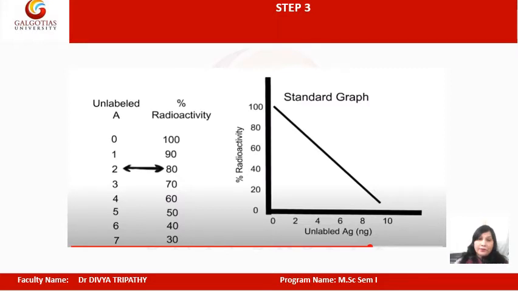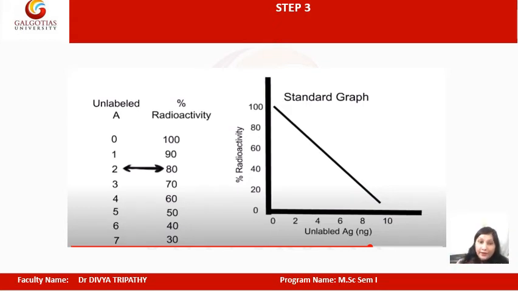Now we will perform the same exercise again, but in this step, we will add a 2 microgram per milliliter solution to a microtiter plate of 100% radioactivity. In the previous step, I used a 1 microgram per milliliter concentration. Now we are going to use a 2 microgram per milliliter concentration of antigen.